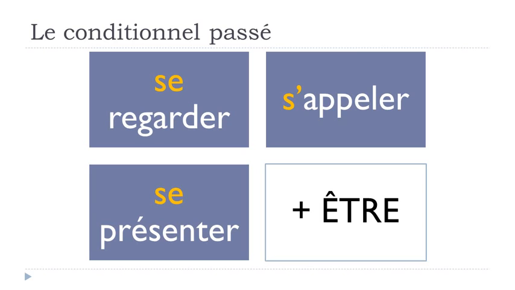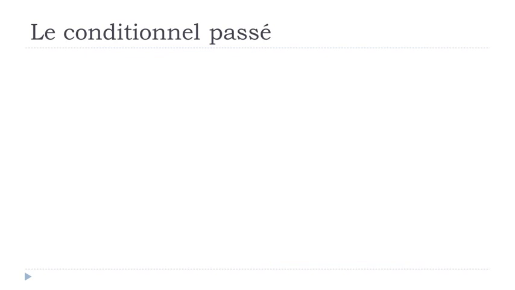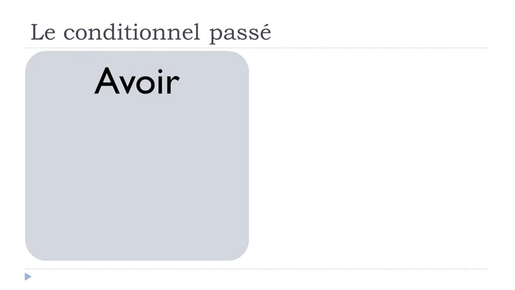So, se regarder, s'appeler, se présenter, all the reflexive verbs will require être at the conditionnel passé. Okay, so let's see now how avoir and être go at the conditionnel présent, because that's the first part that you will have to put.